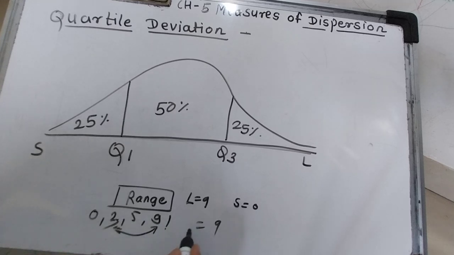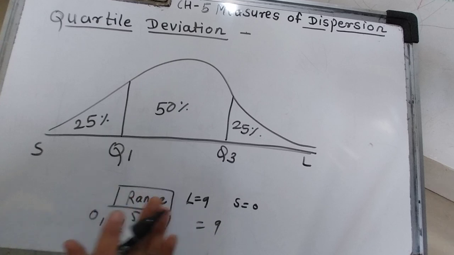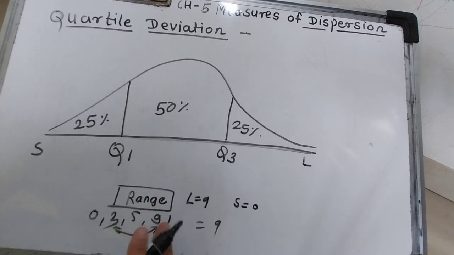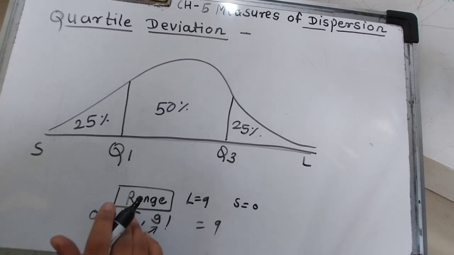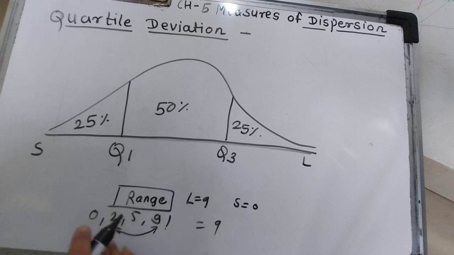So observations are separated from the remaining items. In this situation, the range will overestimate the dispersion. The range fails to give the true picture. So this is the drawback.